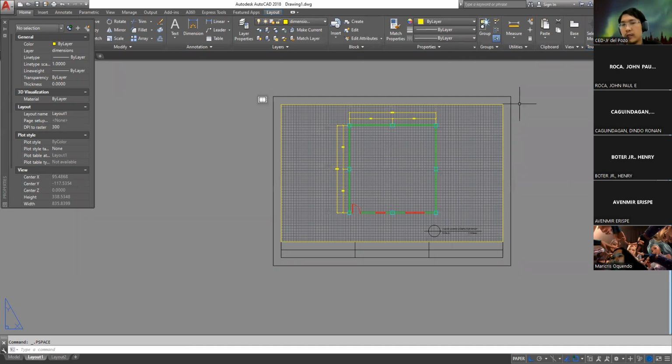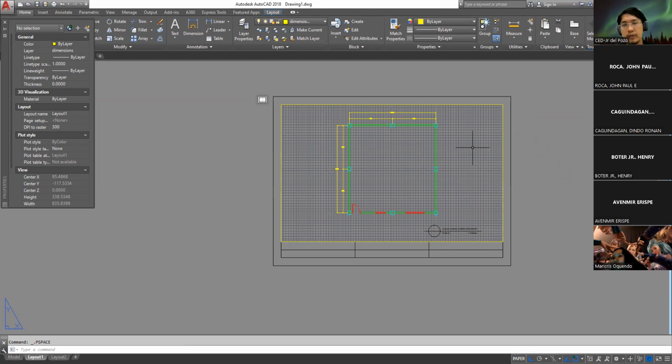Let's say, ang scale niya is 1:100. So, sa kada sukat niya ng 1 mm sa ruler, katumbas nun is 100 mm na sa actual. Ibig sabihin, iaalat ko yun ng semento, ng hollow blocks, ng bakal. So, madedetermine niya yung pag-estimate.